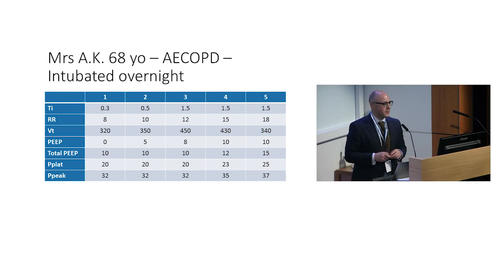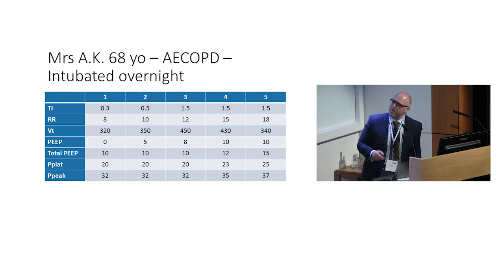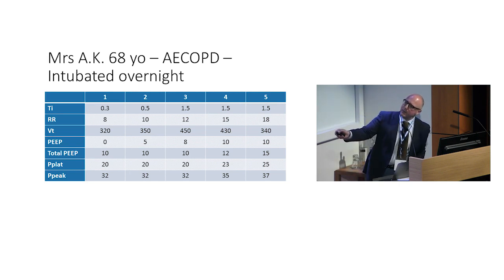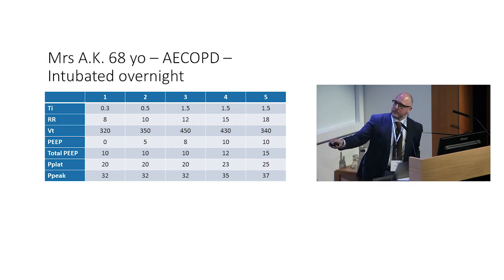You ready to vote? We'll just have a few seconds, just have a look. Essentially, what I'll guide you through. The inspiratory time goes up, the respiratory rate goes up, the tidal volume varies. This is the PEEP that you add. Start from 0, you go up to 10. This is the total PEEP, plateau, and peak. Okay? Shall we vote now?